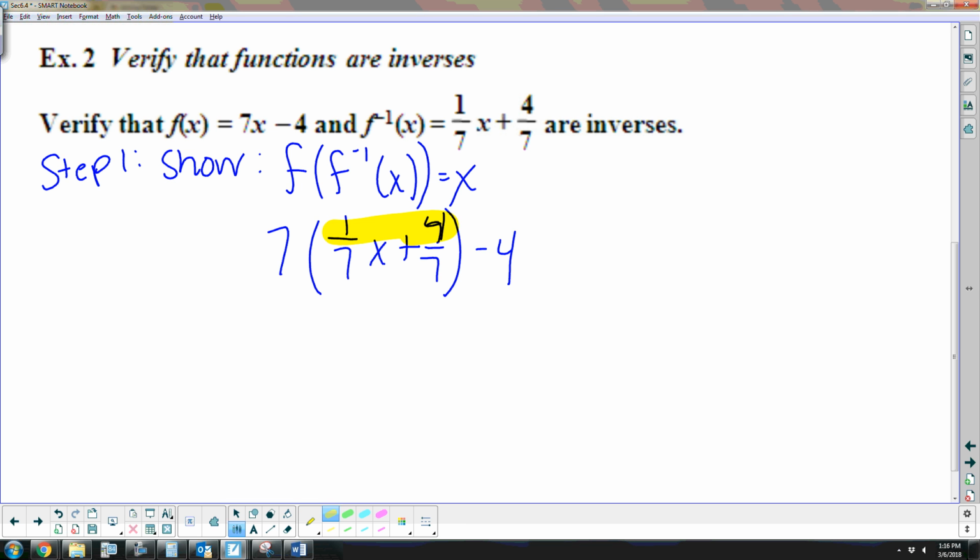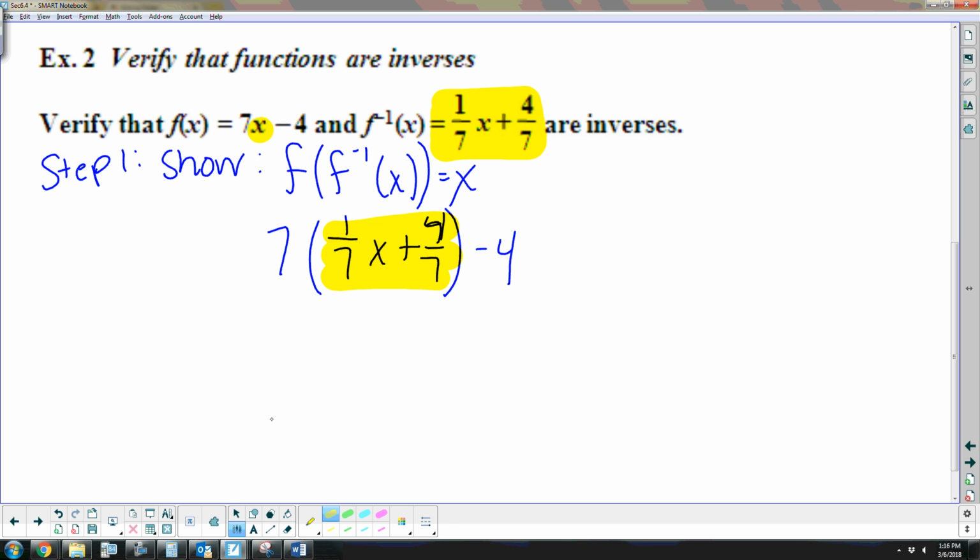This 1/7 x plus 4/7 replaces this x here. Okay, so this whole function is replacing our independent variable in f of x.